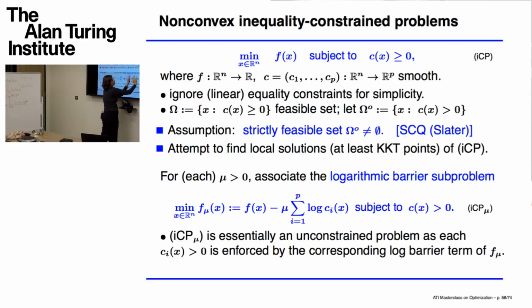But you can sort of ignore this because we will force it, and think of the log as forcing a positive argument. So if we don't have equality constraints, we think of this as an unconstrained problem. So why do this? Because, assume that my iterates are strictly feasible, so c of x is positive.